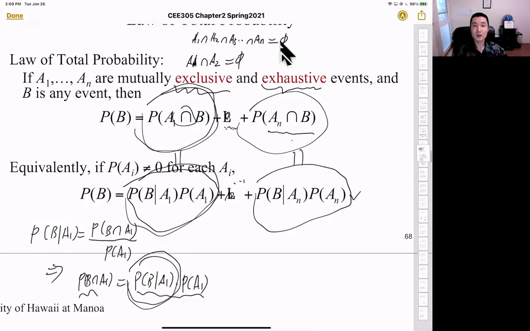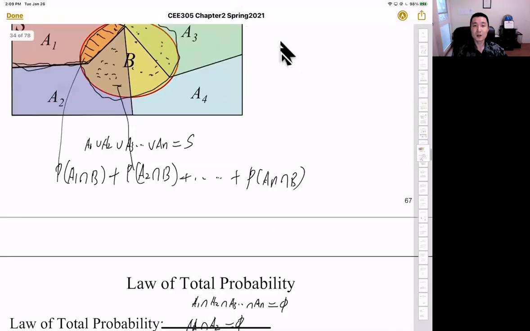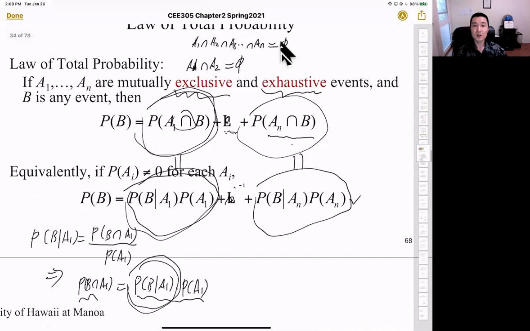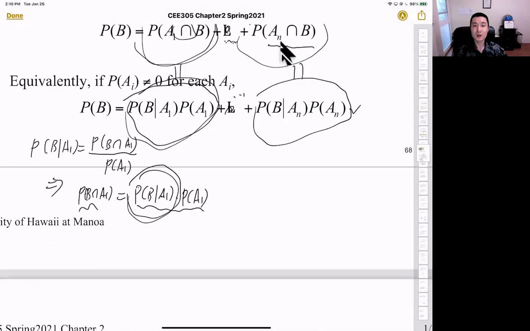Seeing from the Venn diagram, P(B) is this circle, and given A1 happened, we are under this area of A1. Again, that is conditional probability. The vertical line means given.